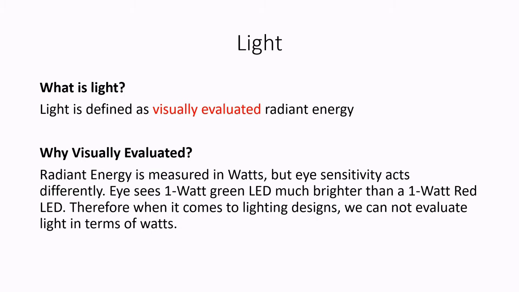That means our eye has different efficiency levels for different wavelengths. Therefore light cannot be evaluated in terms of watts. So we need a different method to evaluate light, which we are going to talk about in later slides.